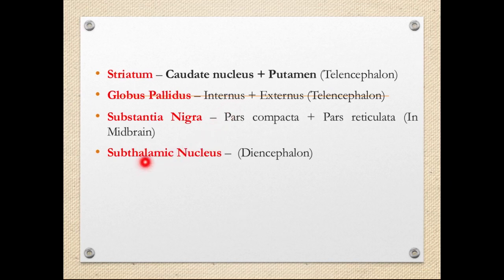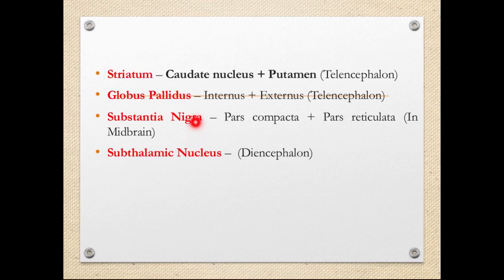Then there is one collection of neurons, that nucleus present below the thalamus, that is called the subthalamic nucleus. And the last one is substantia nigra. Nigra means dark color. Substantia nigra is present throughout the midbrain.